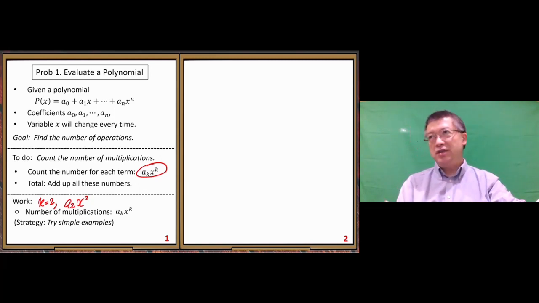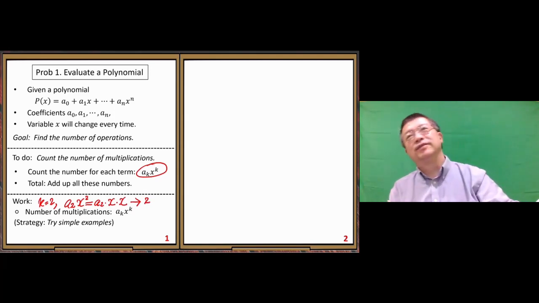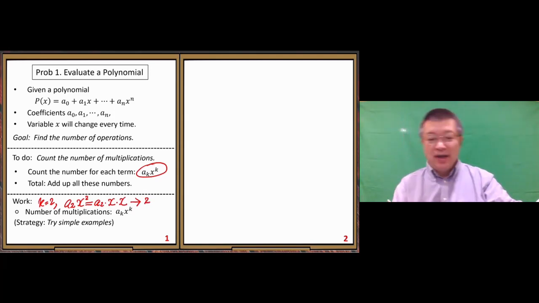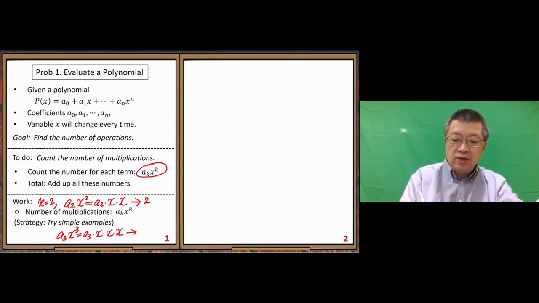That's easy. Everyone can get it easily. So a2 times x times another x. So the answer is 2. Okay, so let's try another simple example. a3 x cubed. How many multiplications? a3 times x times x times x. Answer is 3.